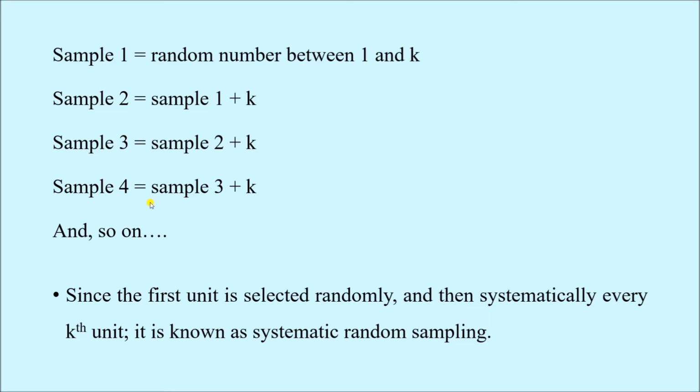We add k to the sample number 3, that is our fourth sample, and this will go on. Since the first unit is selected randomly, and then systematically every kth unit, after selecting the first number randomly we are adding k to the previous value to get our next sample. So that is why it is known as systematic random sampling.